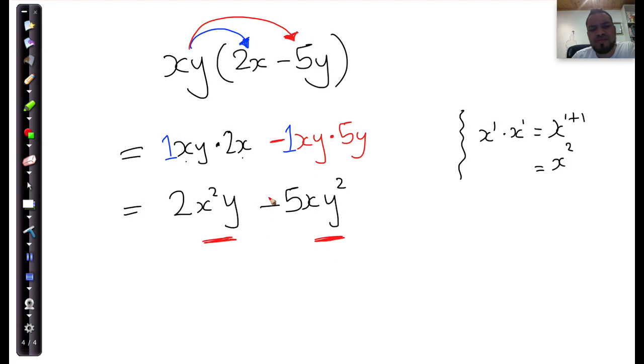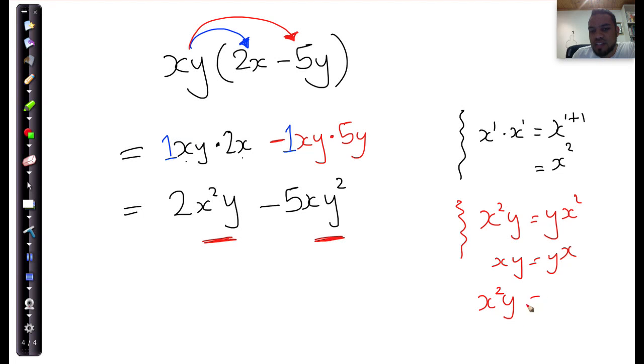I cannot simplify further because x squared y is not the same as x y squared. However, x squared y is the same as yx squared, xy is the same as yx, but x squared y is not the same as x y squared.